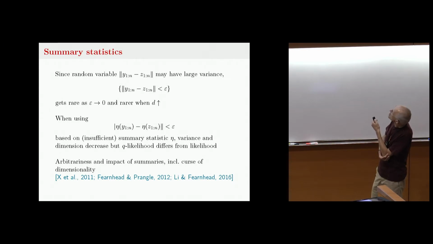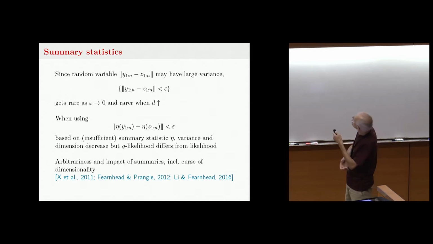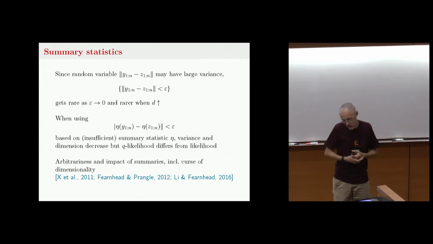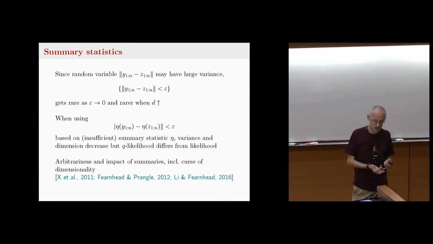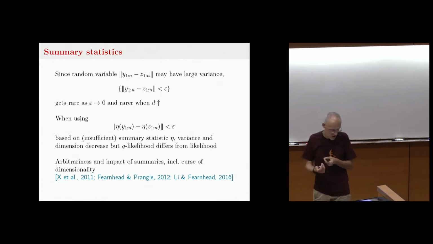That is, the epsilon here and the one there are not of the same scale because those objects are not in the same dimensions. And there is a rather neat literature on the selection of the summary statistics and the connection between the dimension of the summary statistic and the speed of convergence of the ABC approximation.